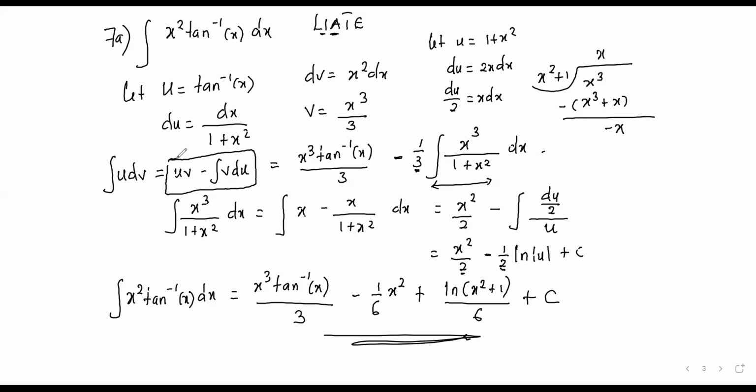So what is our u? U is this one, tan inverse. V is this one. So we multiply them, uv, they are here, combined: x cubed over 3 tan inverse x, minus the integral of v du. Our v is this one, which has 1 over 3, which is outside.